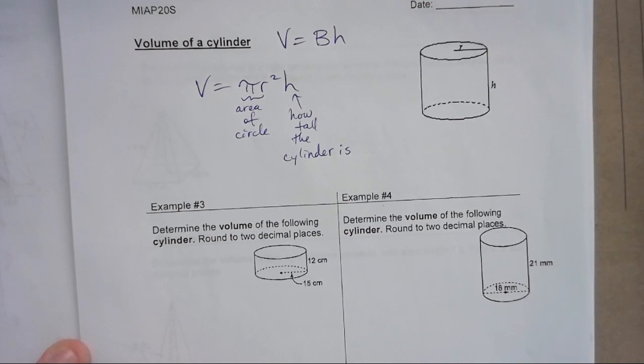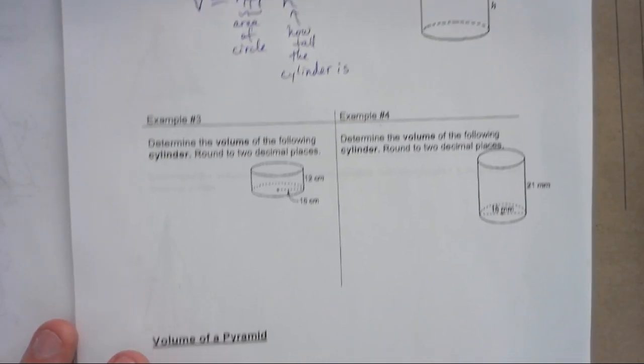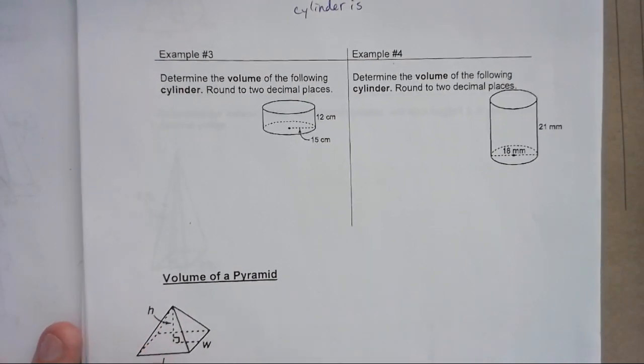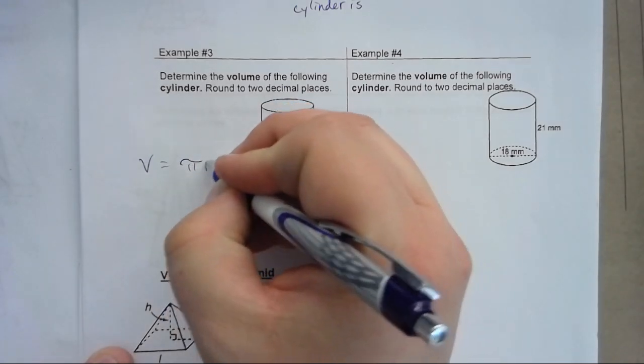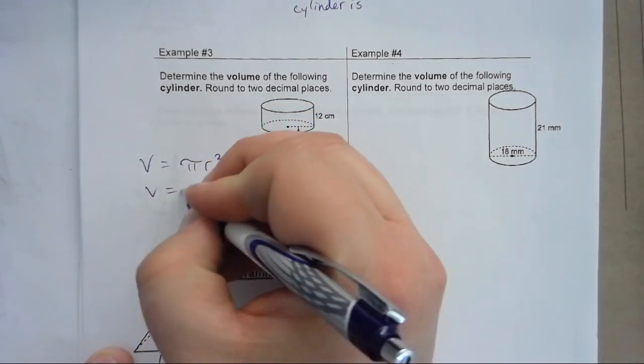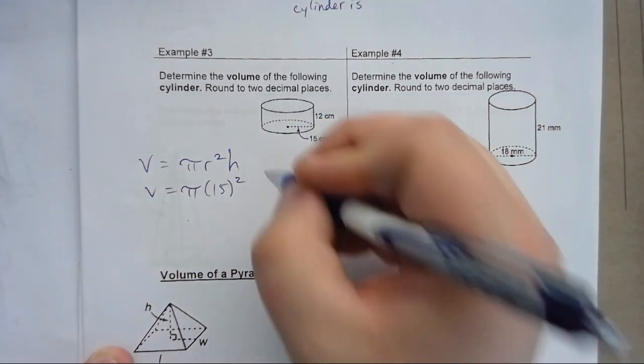So that's the formula, pi r squared h. Notice it's actually less work than the surface area formula, which had 2 parts. Right? So let's do a couple. Let's do the volume of this first cylinder. Volume equals pi r squared h, which is pi times 15 squared times 12.